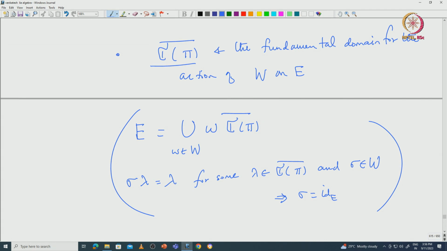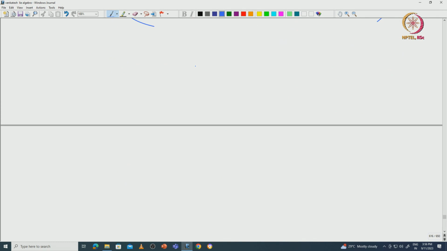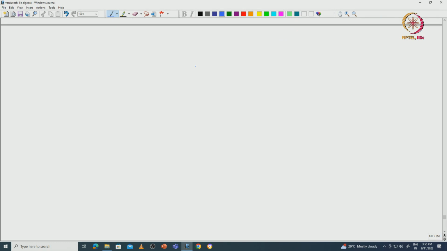To prove that W permutes the bases of phi, we need to prove the following. We will work with some smaller group and later prove that this smaller group is indeed the entire W. What is that smaller group?